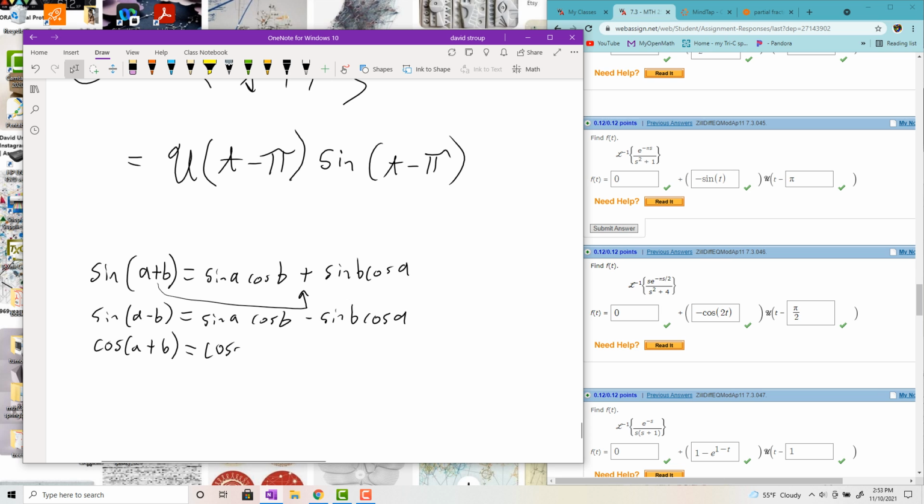So cosine A cosine B, and it's not the same sign, it's the opposite sign. So plus, whoops, that's not the opposite, is it? So it'd be minus sine A sine B, and then cosine of A minus B is the same thing but with a plus.